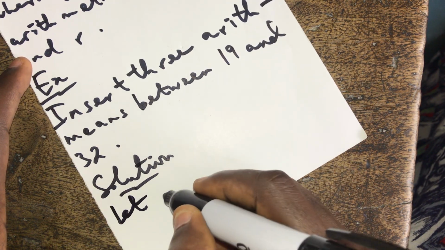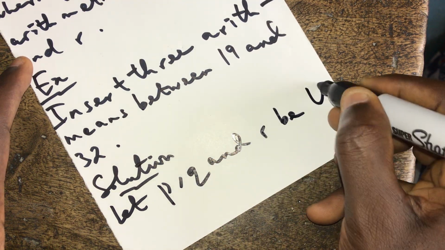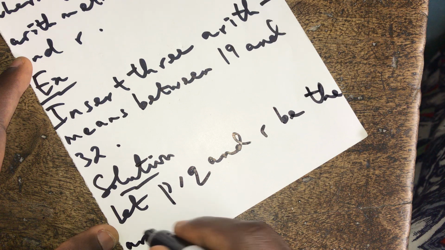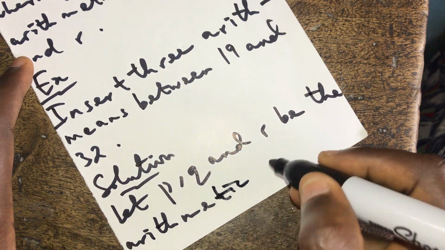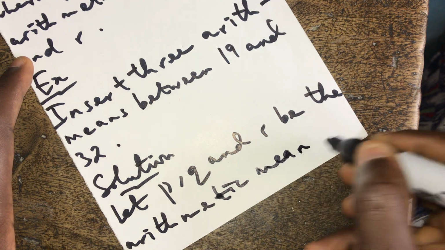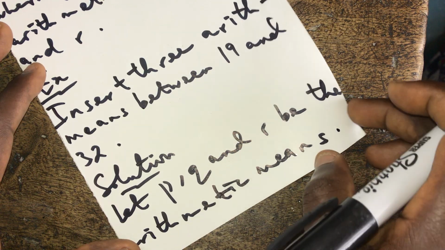Let P, Q, and R be the arithmetic means. That means P, Q, and R are the terms in the middle of 19 and 32.